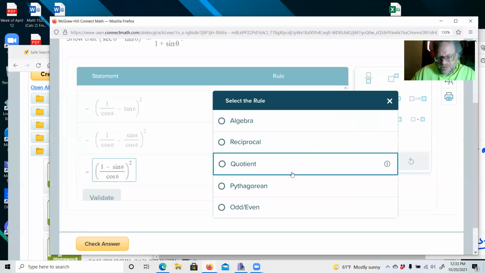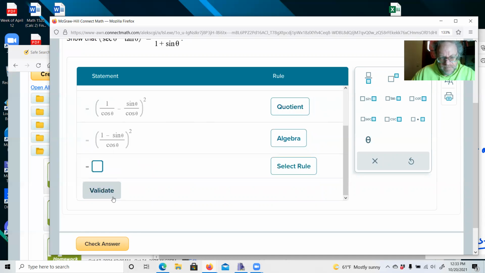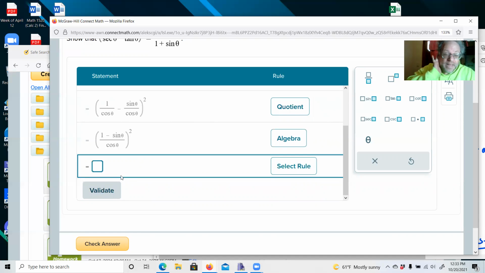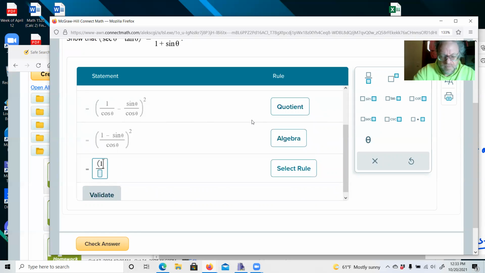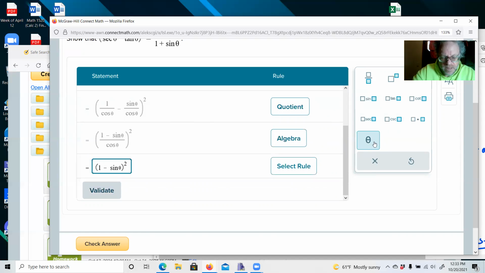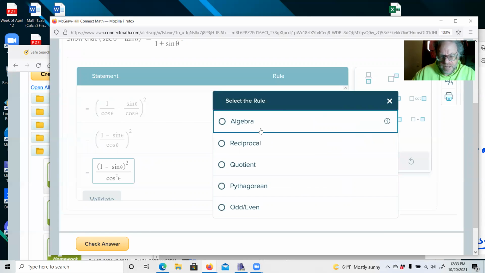So what did we do? We did an algebra step because we added two fractions together. And then what we're going to do is write this as 1 minus sine theta over cosine squared theta, and we're going to call that an algebra step.